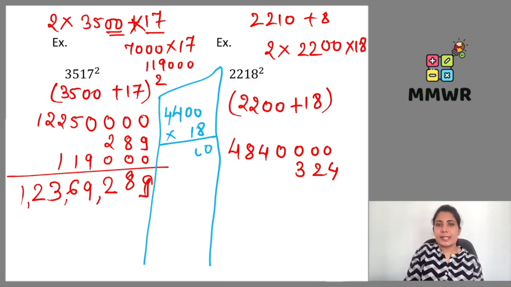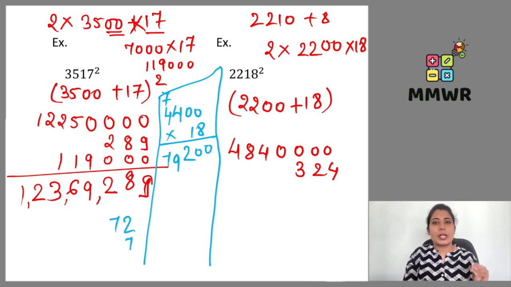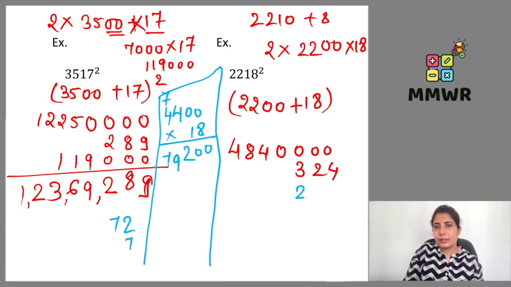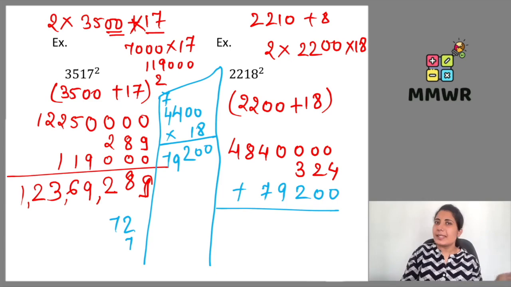18 fours are 72. 72 plus 7 is 79, so 79200. Let's add all of them. 2, 4 at the end.